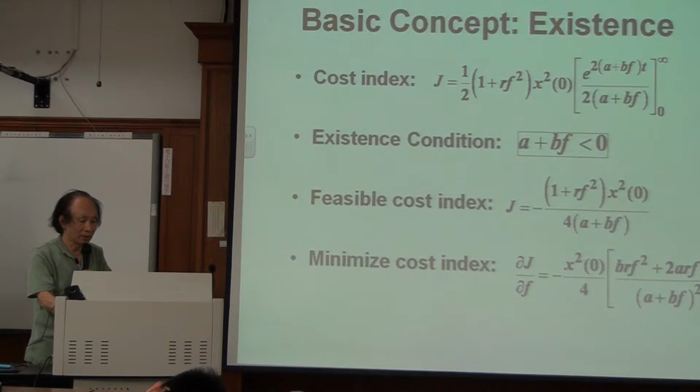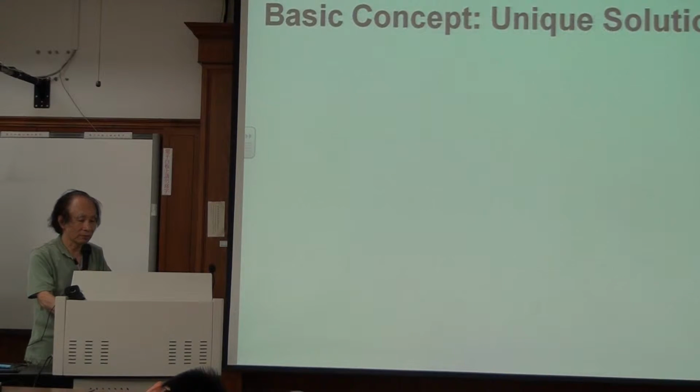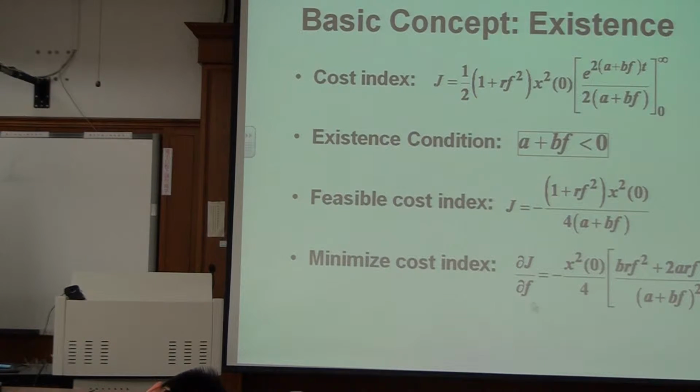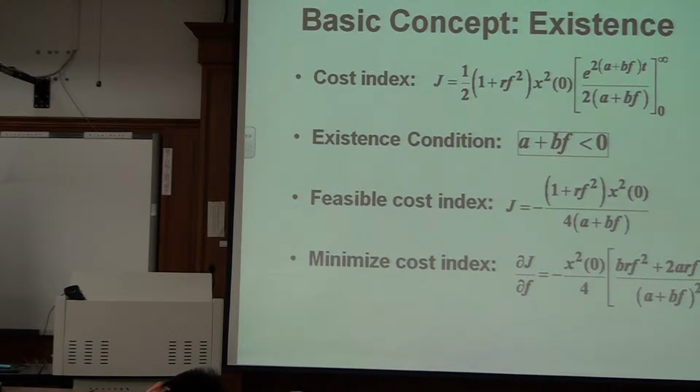if I want to minimize the cost index, what does that mean? All right. So I have, say, partial J, partial F. If that is equal to 0, that means I minimize the index.